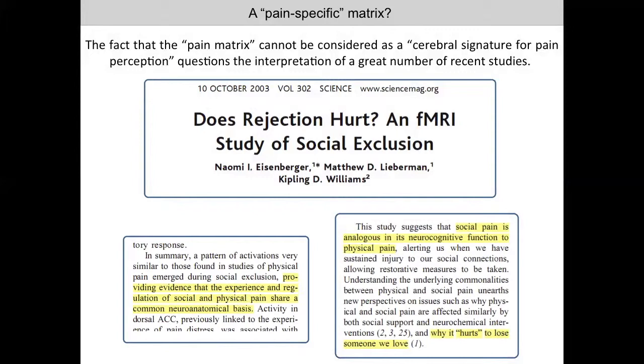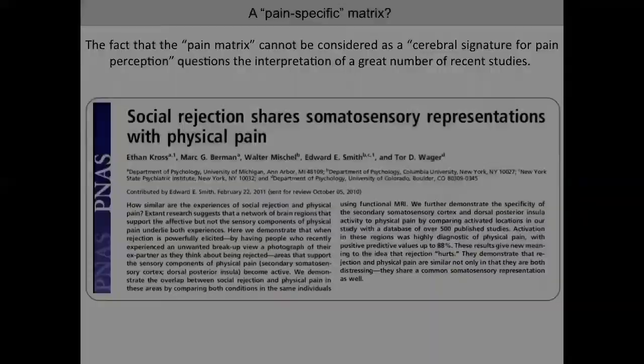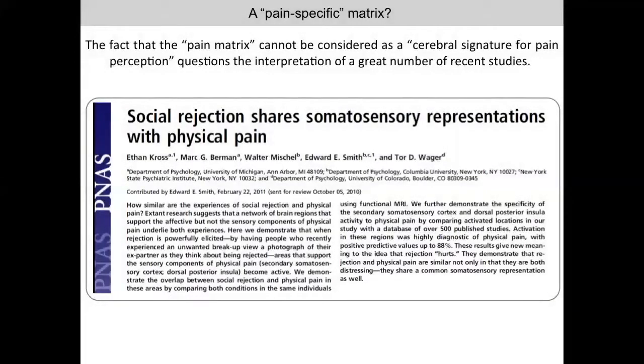And then there is another paper in which this has been done more directly, comparing the brain response to transient pain with a short presentation of a photograph of the former boyfriend or girlfriend who left the volunteer in the scanner.